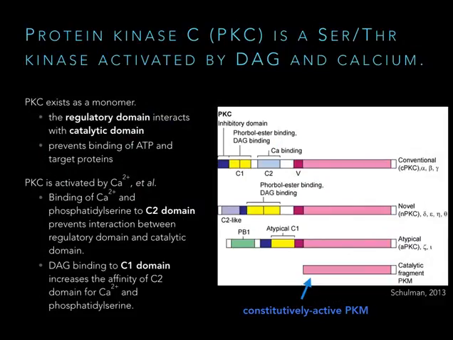The last protein kinase that we're going to discuss is protein kinase C. This is going to be activated by calcium as well as diacylglycerol, so that little bit of phosphatidylinositol bisphosphate that remains after IP3 is liberated. Protein kinase C is going to exist as a monomer, so just a single protein.